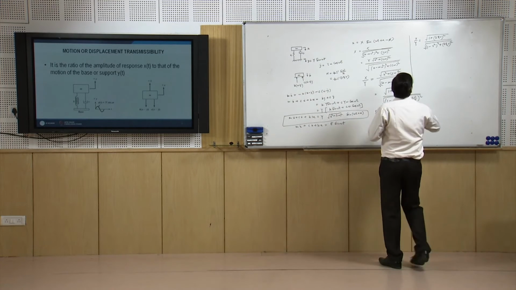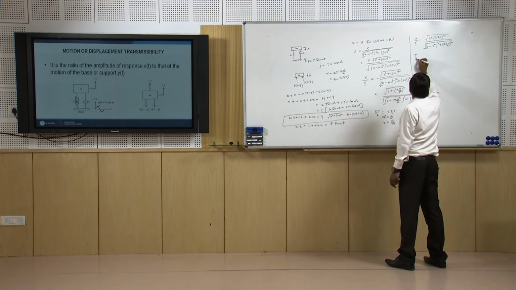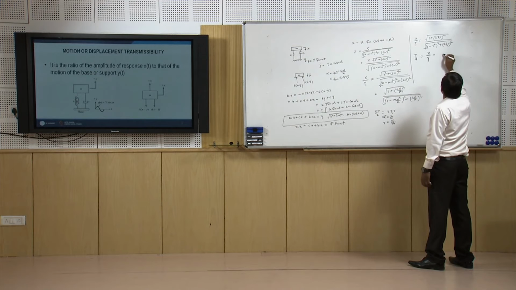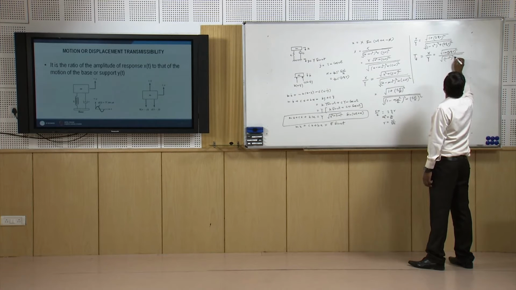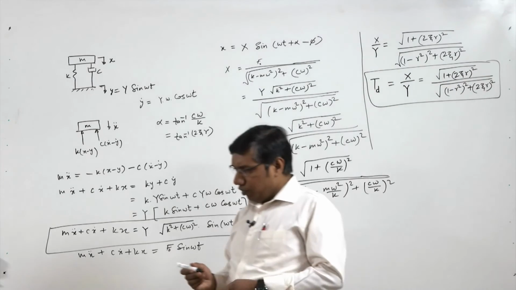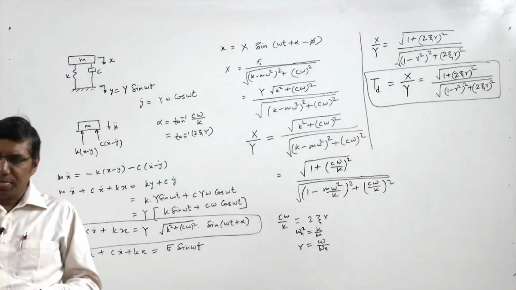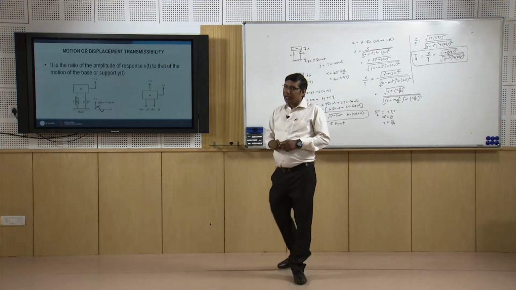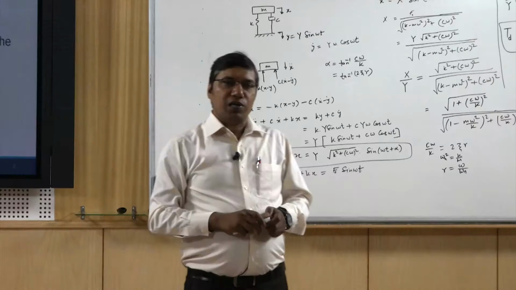So x by y, the displacement transmissibility, is equal to root 1 plus 2 zeta r whole square upon under root 1 minus r square whole square plus 2 zeta r whole square. So this is the formula for displacement transmissibility, and we see that the formula is the same as we obtained for the force transmissibility.